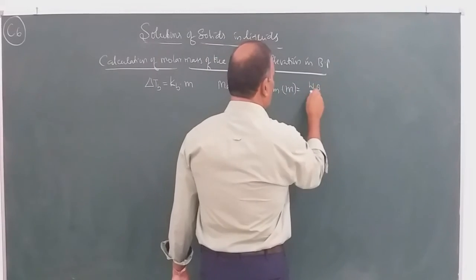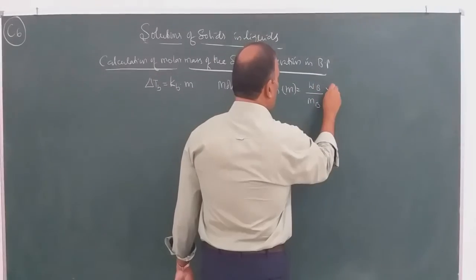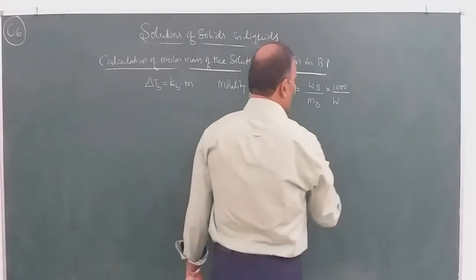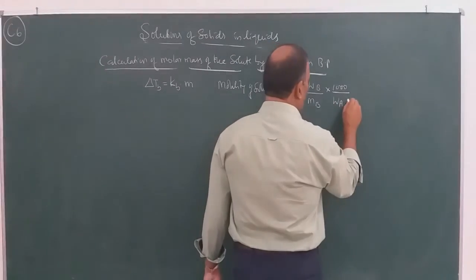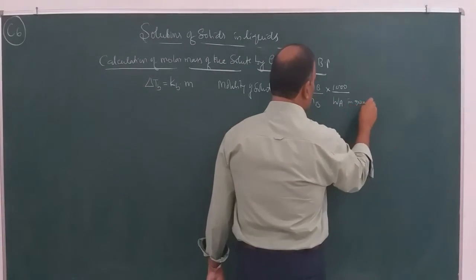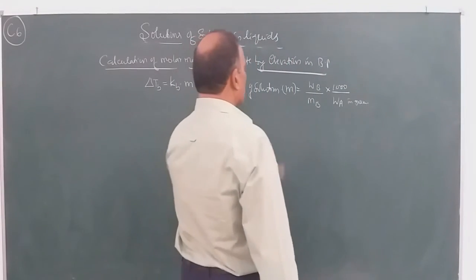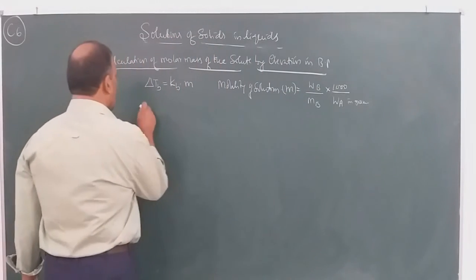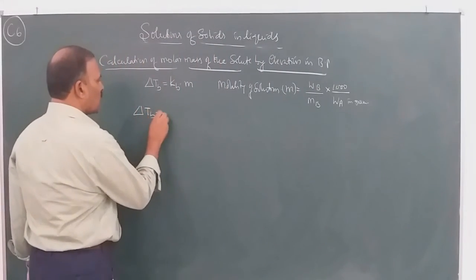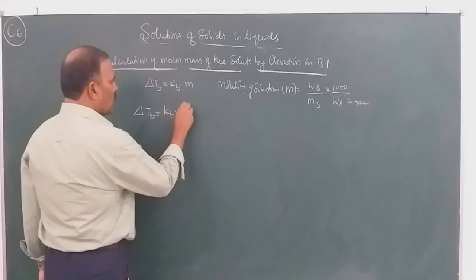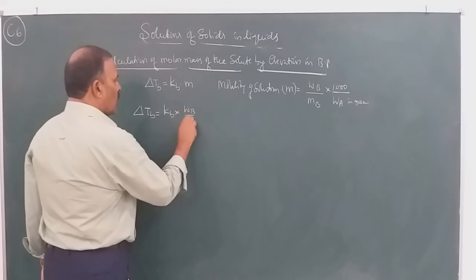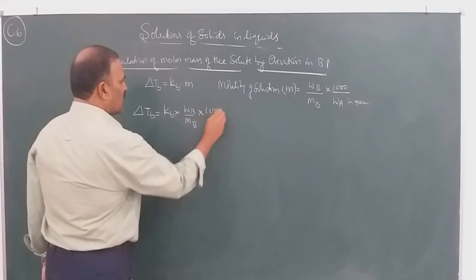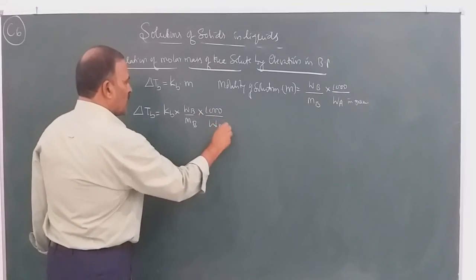That is Wb over Mb into 1000 divided by Wa, weight of solvent in grams. Substituting the value of m, we get delta Tb is equal to Kb into Wb over Mb into 1000 divided by Wa.